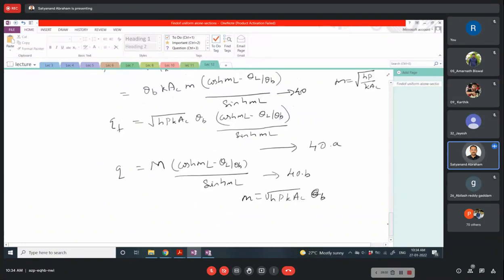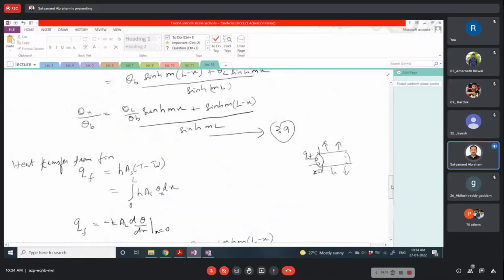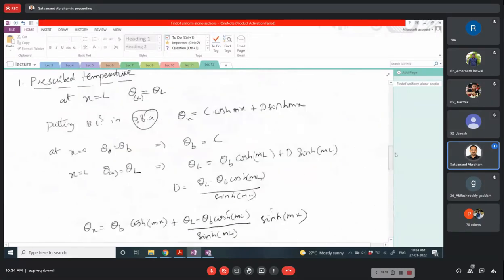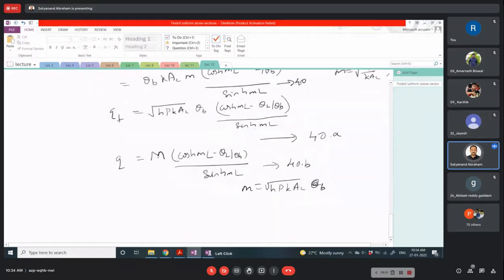So for a particular fin with a particular boundary condition as θ_B and θ_L, this is what we can have. That is the heat variation along the length for a prescribed temperature.